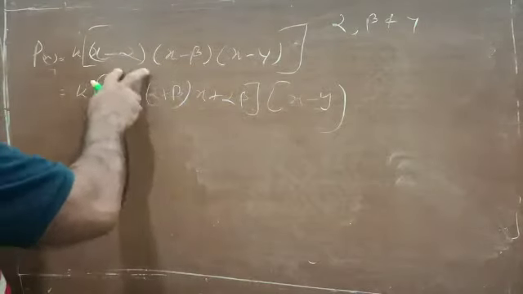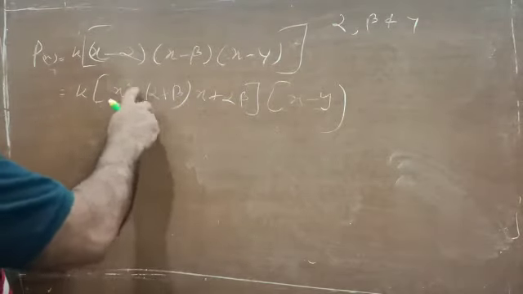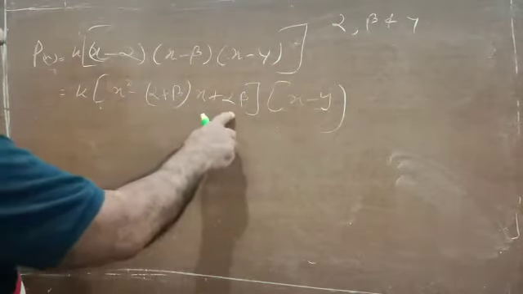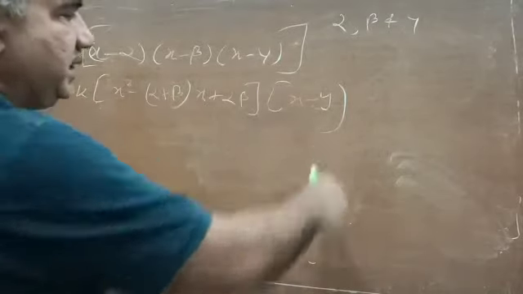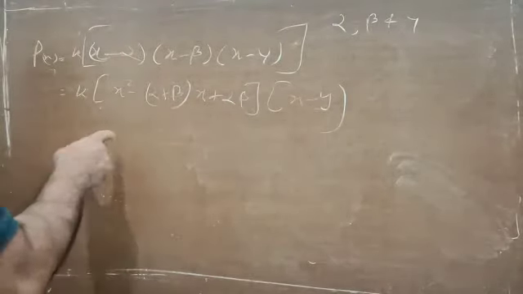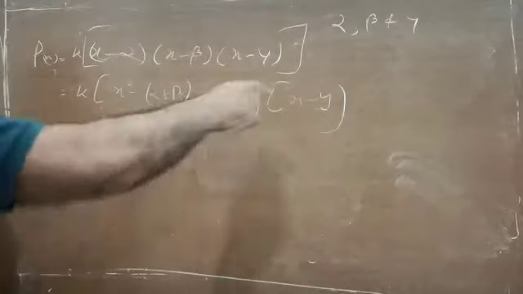So this is the product of these two: x square minus (alpha plus beta) into x plus alpha beta, into x minus gamma. Now k is multiplying all the terms.